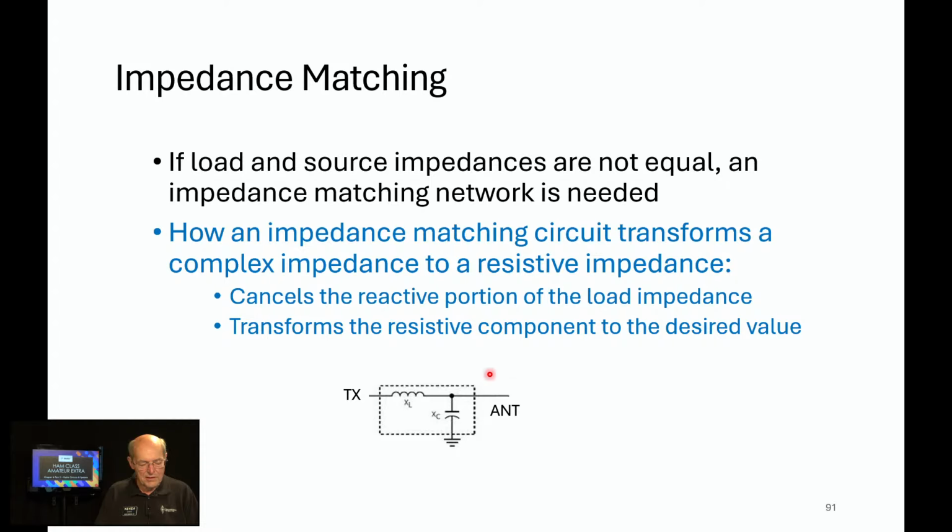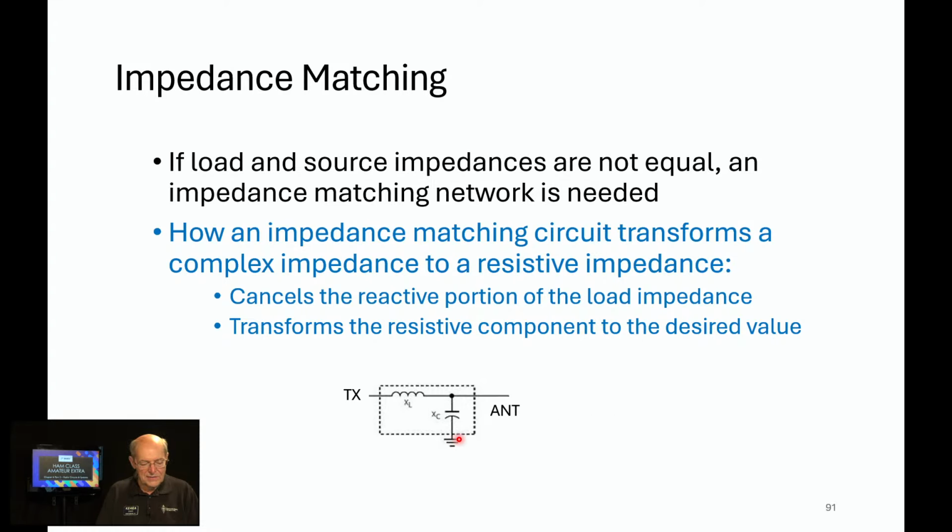So how does an impedance matching circuit transform a complex impedance into a resistive impedance? And here's a picture of one. It cancels the reactive portion of the load impedance, and it transforms the resistive component to the desired value.